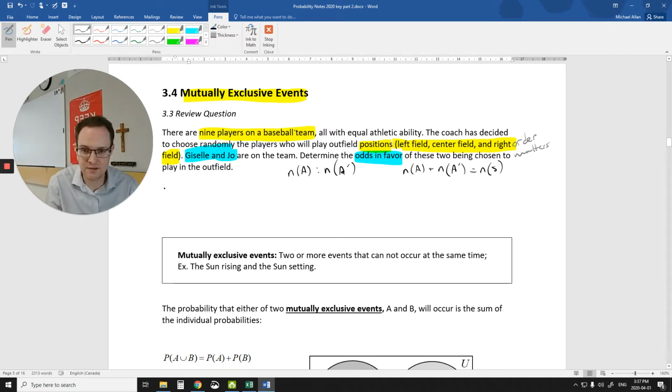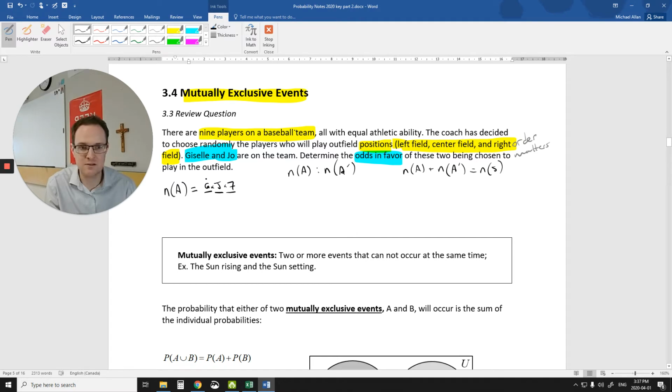So the number of favorable outcomes here is going to be Joe and Giselle being on the outfield. So if I have my 3 outfield positions and I have Giselle and Joe here, and then for the 3rd position, because I've used these 2 people up here, I only have 7 more people to choose from. So that's one way to do this, right?